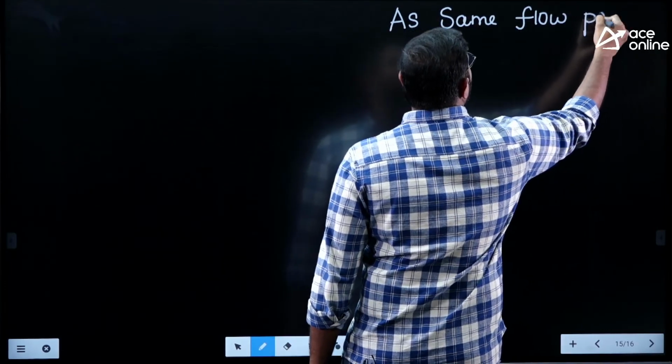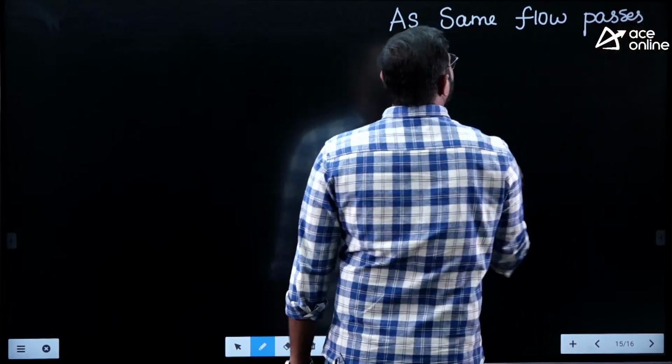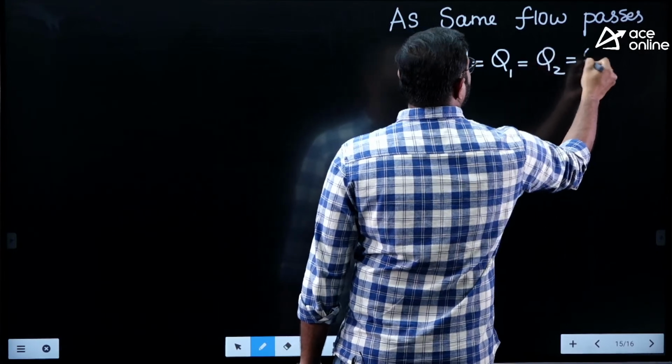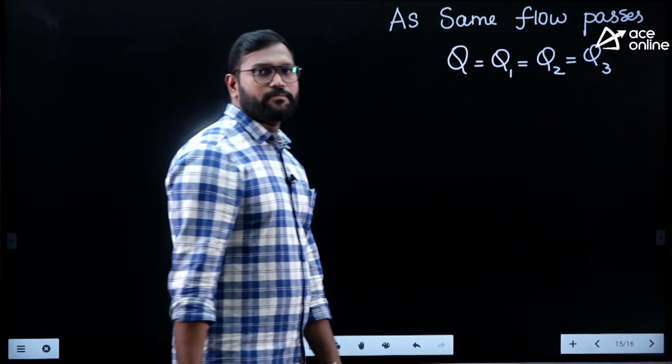Okay. So now you see here, as the same flow passes, I can write Q is equal to Q1 is equal to Q2 is equal to Q3 in all soils.